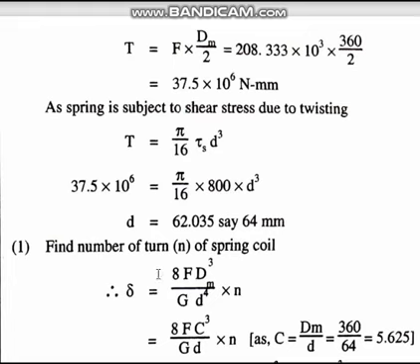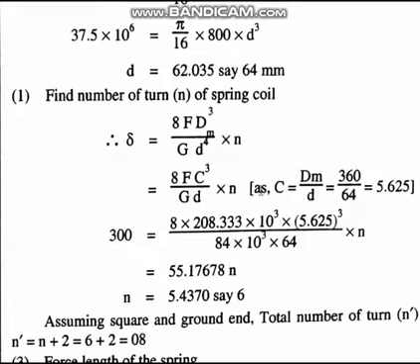And for getting the number of turns, use the delta formula. From this you can find out the number of turns. You can use C, because C is equal to Dm upon d. Otherwise you can use capital D itself directly, no need of this. Okay. And you can find n is 5.43, that is, take 6. Then assuming square and ground ends, n dash will be n plus 2, that is 8.